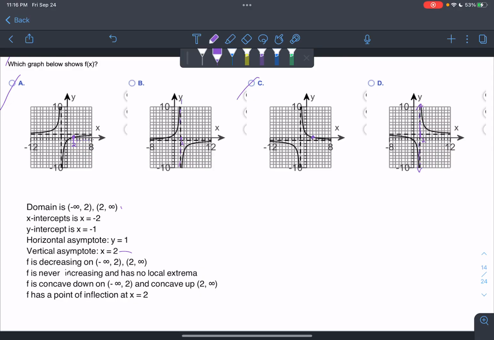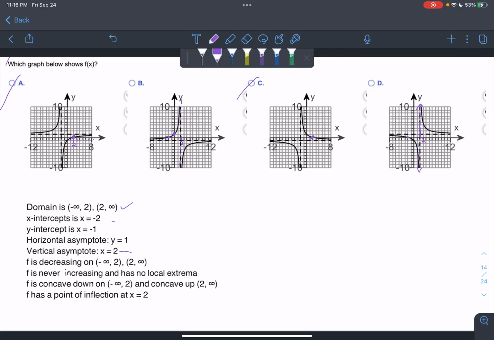What else? We know that these fit the domain. How about the intercepts? So x is equal to -2. So this one has an x-intercept. This is probably -2. Same for this one, maybe. Hard to tell. Maybe not as reliable. What about y-intercept? So this one has a positive y-intercept that I'm sure of, and it's probably y equals 1.